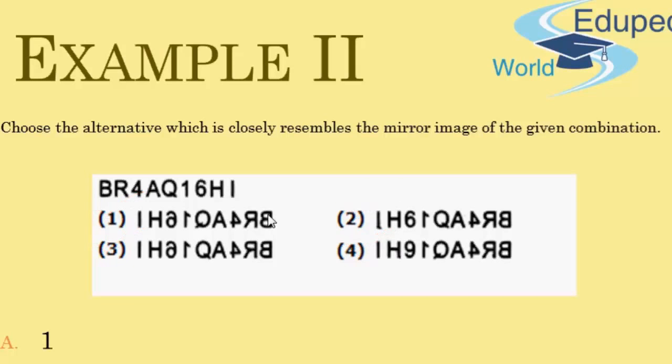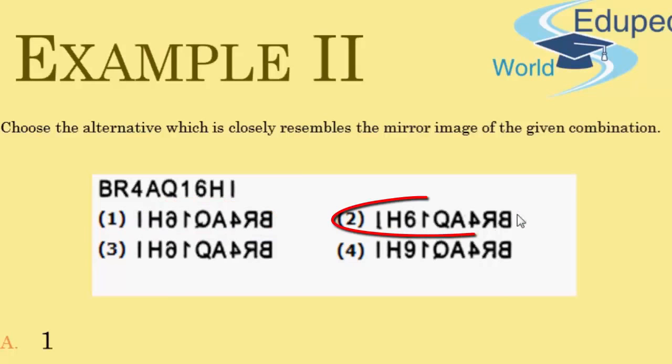Secondly, I will see whether any of the letters or numbers has been inverted. By inverted I mean about the x-axis, or is any letter or number upside down. So I see that in option 1, B is upright, R is upright, 4, A, Q, 1, 6, H and I. All of them are upright. So this satisfies the second condition also.